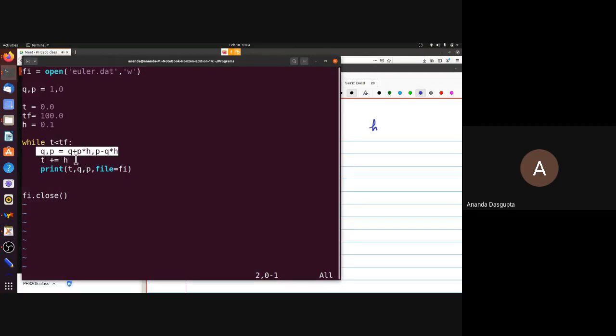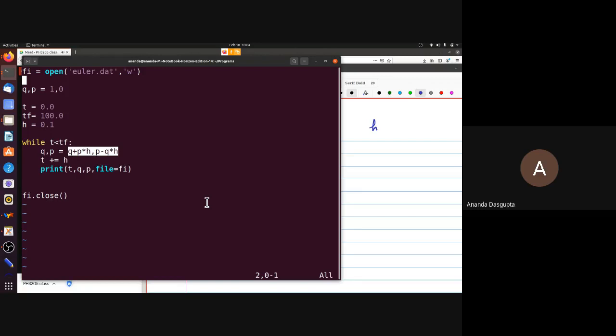This is something unique to Python. Not unique, but this is something you find in Python and not in other languages so often. It's called packing and unpacking. The basic idea is the right-hand side is calculated first. That is, this part is calculated first. So given the current values of Q and P, you calculate Q plus PH and P minus QH.